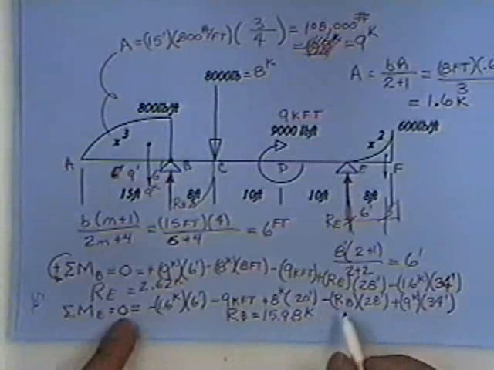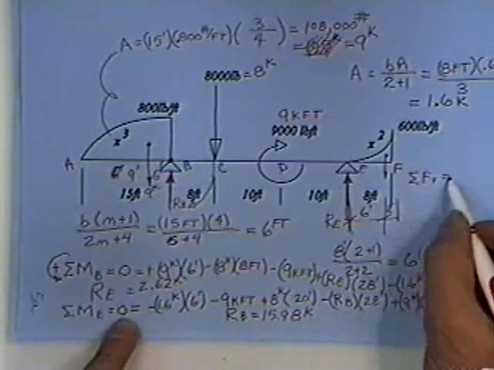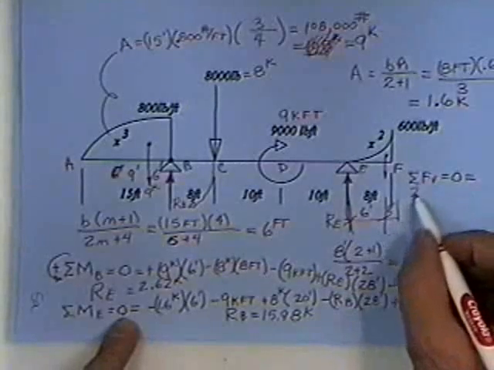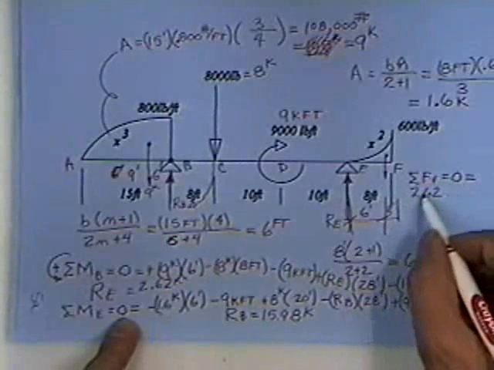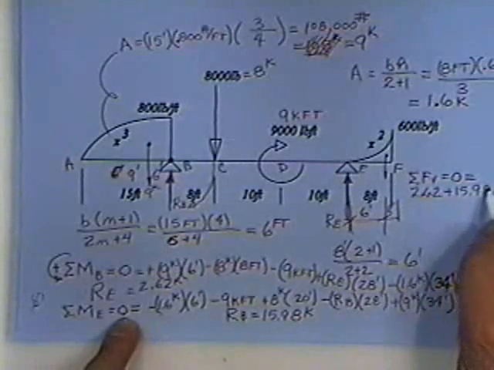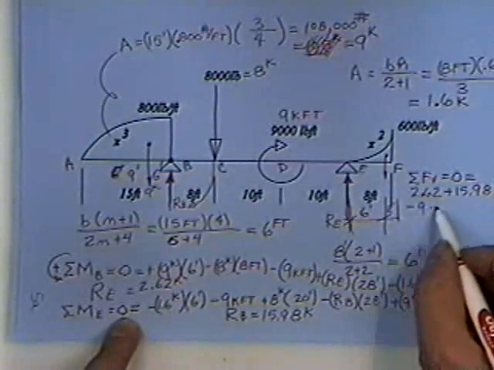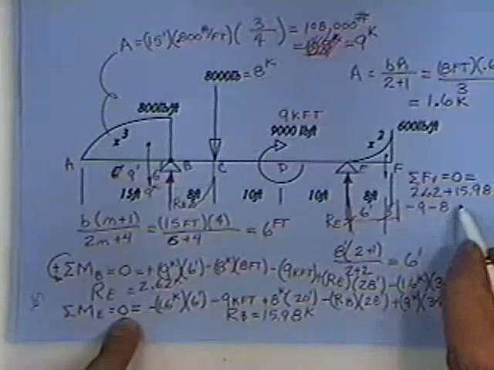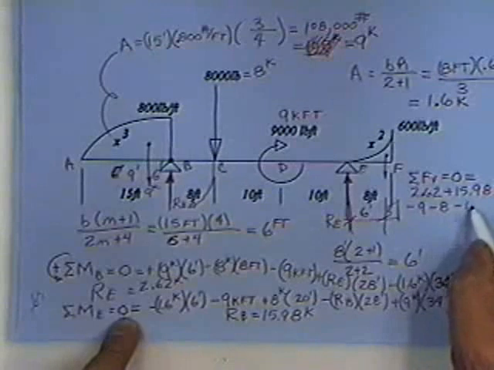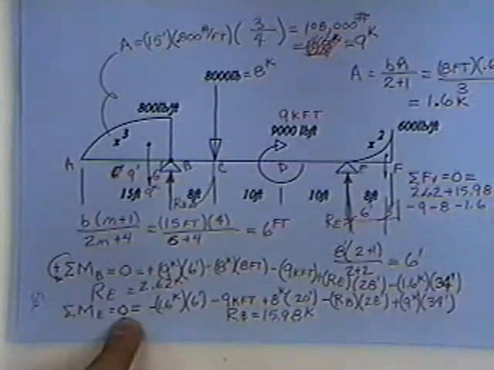And now then, let's see if it works. Sum forces vertical equals 0. 2.62 up plus 15.98 up minus 9 down minus 8 down minus 1.6 down.